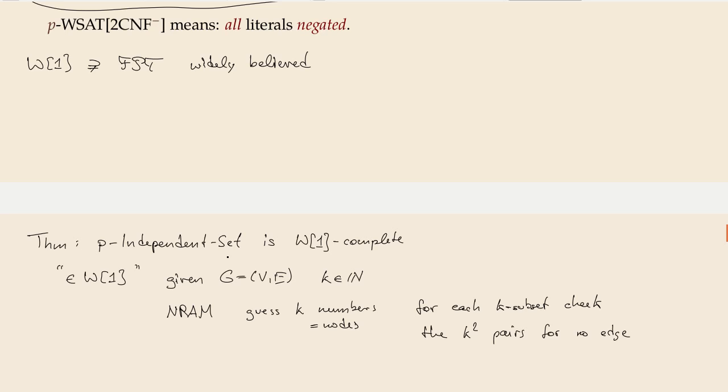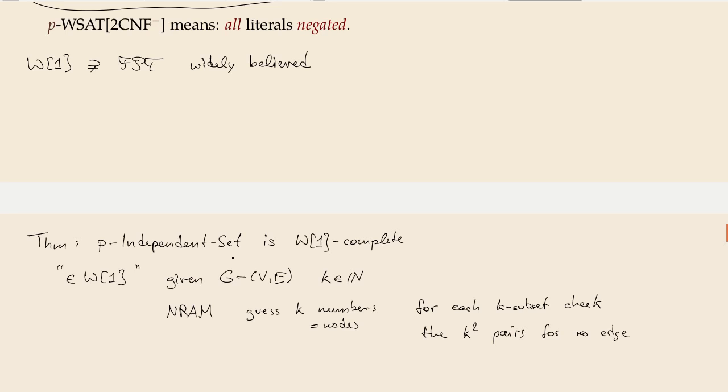Now here, independent set is simpler than other problems that we've talked about. For example, the very trivial brute force method for vertex cover had to check, so that the check of a candidate was linear in the graph size because you had to check all edges, whether they are covered.